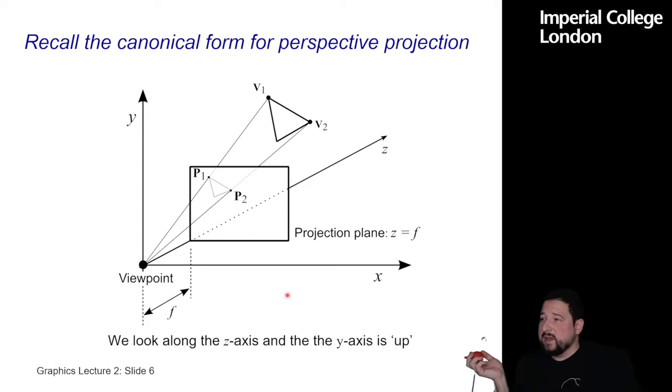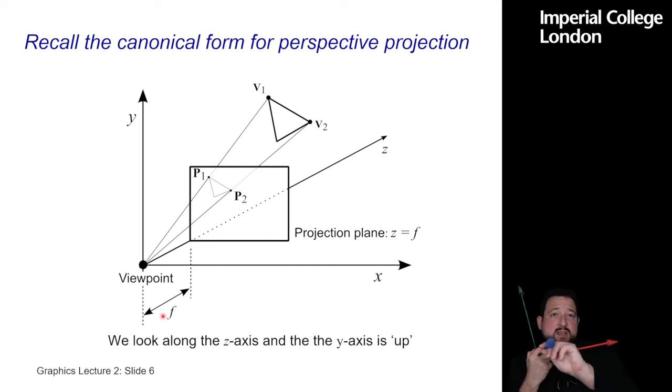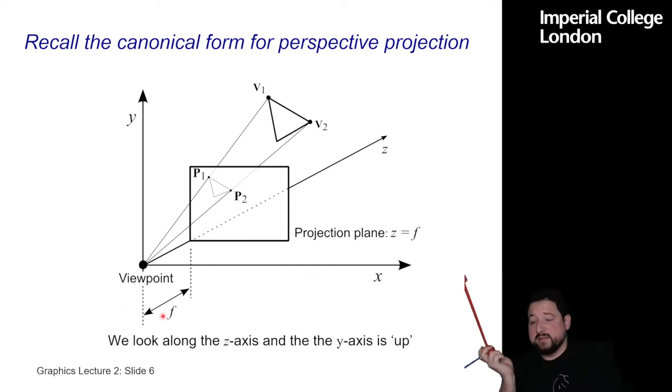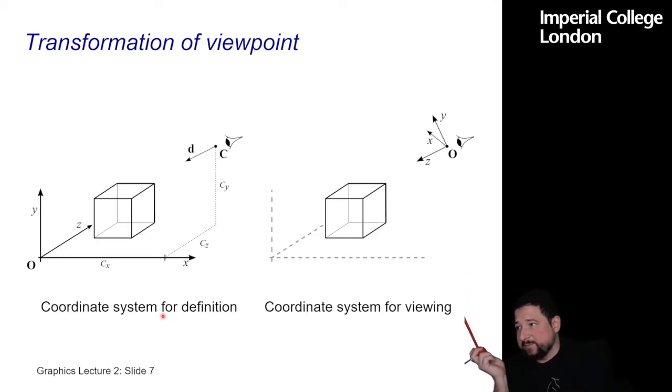Now, again, we want to do this probably for perspective transformations. So the canonical form of this is really just that we need this parameter f, and we look along the z-axis, into the negative z-axis, into our scene.